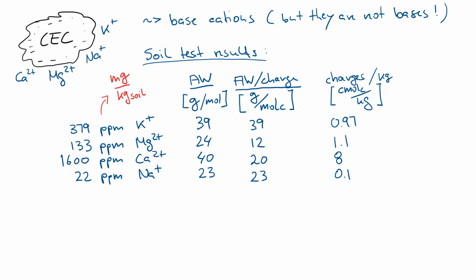We'll see that calcium is a major contributor in this particular soil, meaning that the cation exchange sites in this particular soil are predominantly occupied by calcium, which is a good thing because calcium is one of the nutrients that is taken up in high quantities.